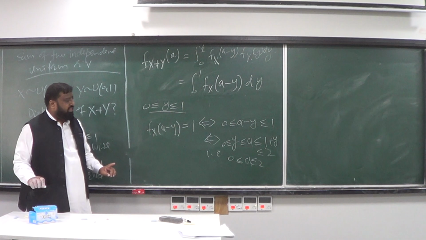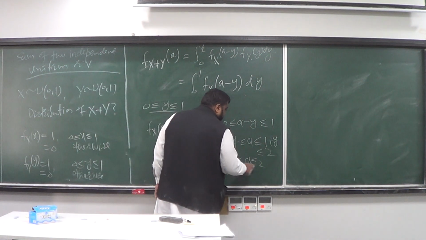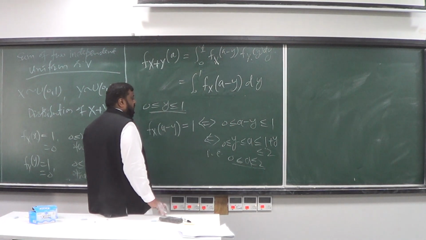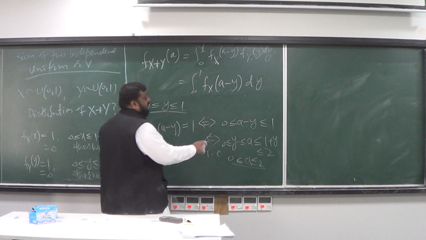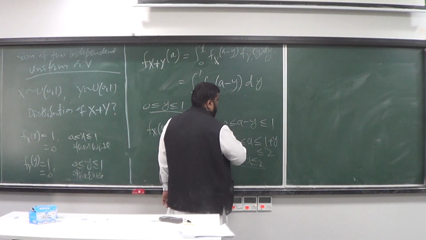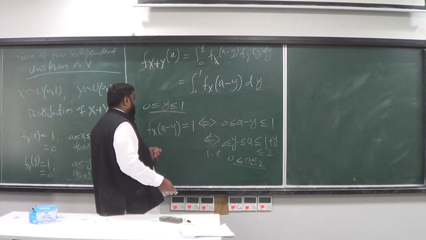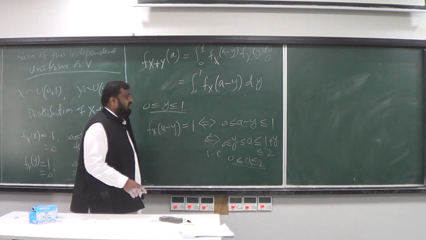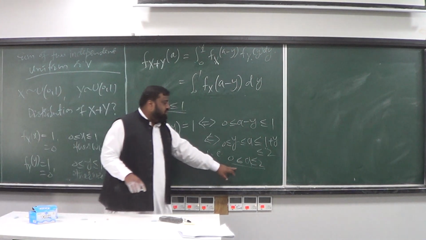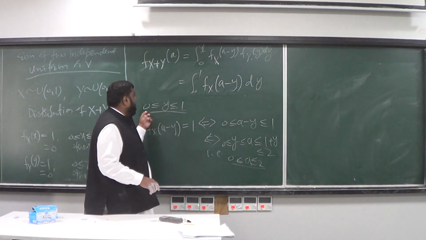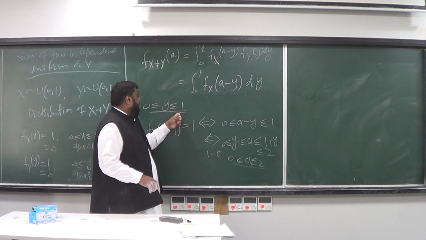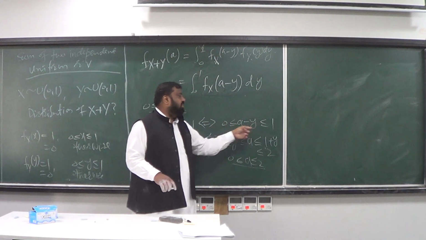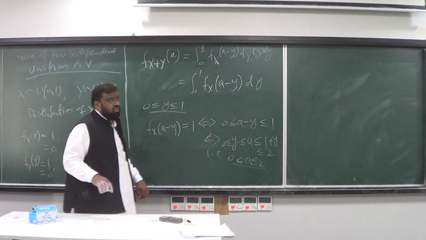So what we are saying is that if a is between 0 and 2, and y is between 0 and 1, then a minus y is between 0 and 1. If this is the case, then f_X(a minus y) must be 1, and we will be in a position to solve this integral.